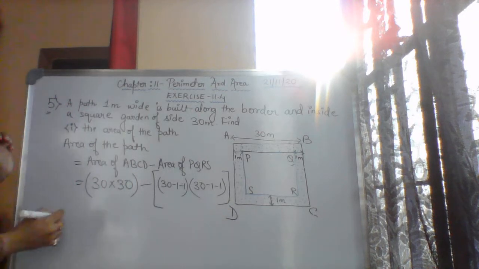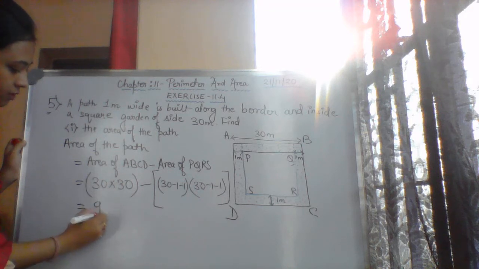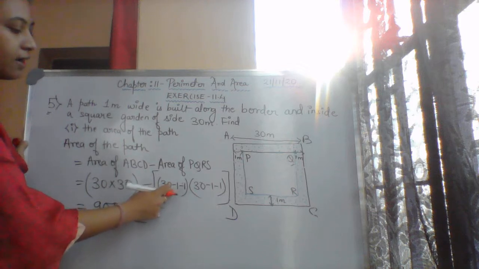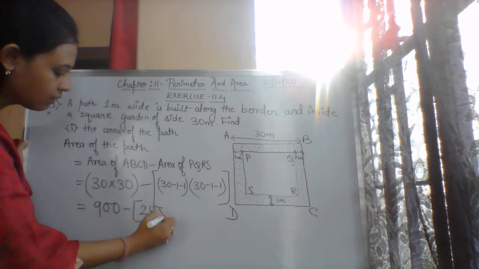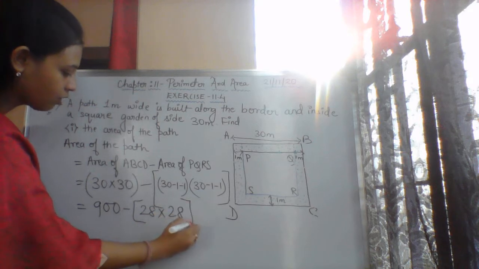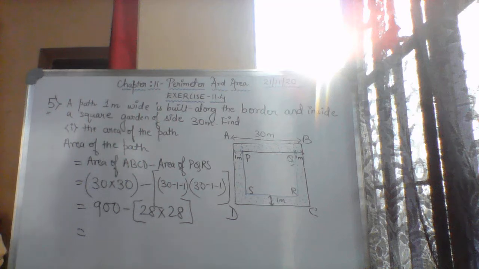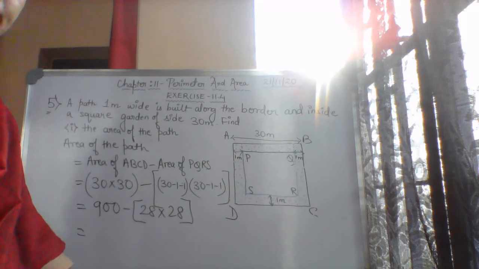Okay, I hope you have understood. So 30 minus 1 is 29, minus 1 is 28. So 28 multiplied by 28. Get the square of 28 first. Quickly do it, pause the video and do it.